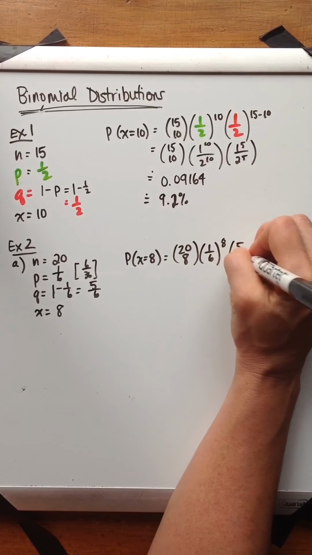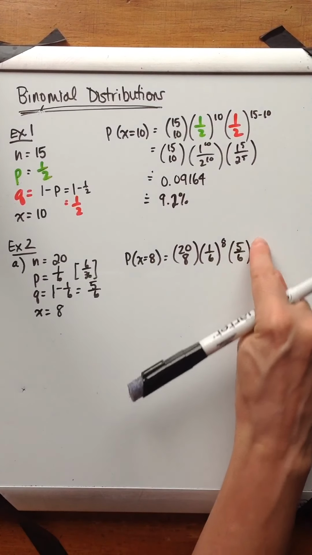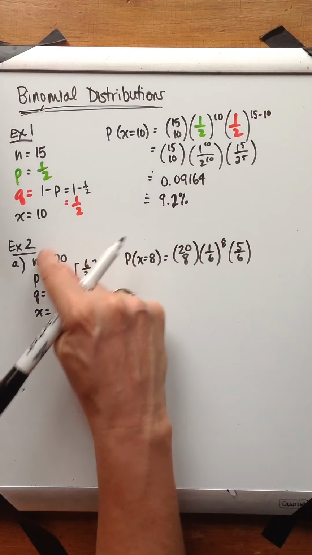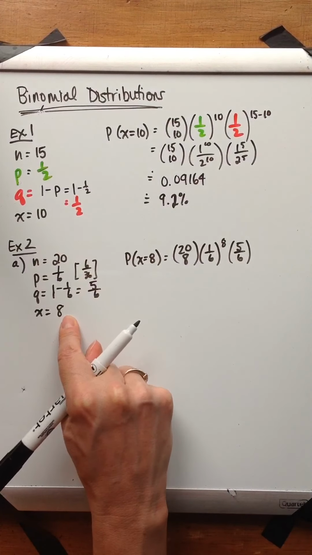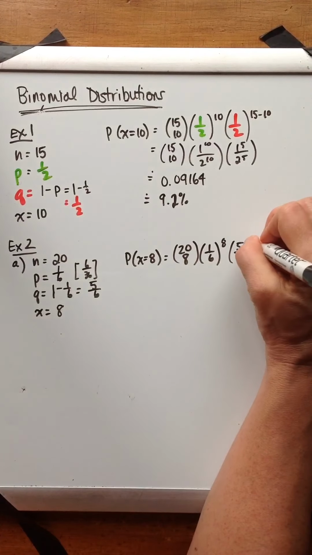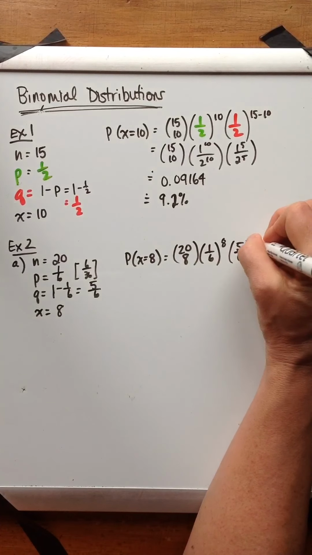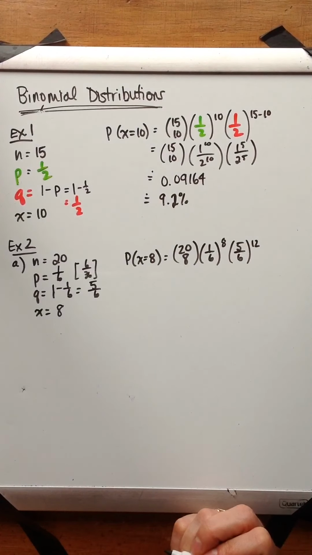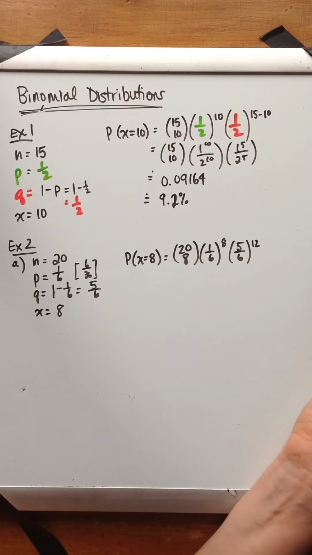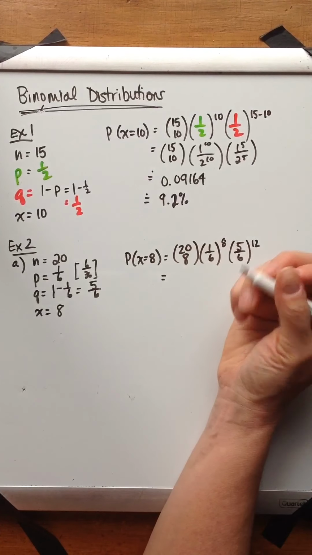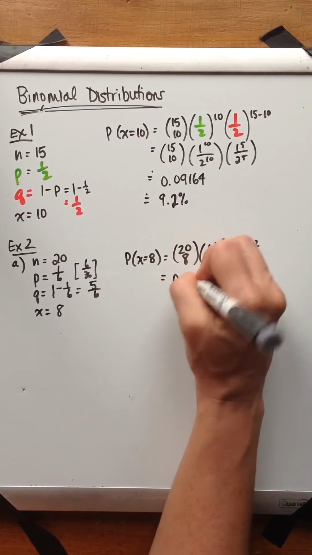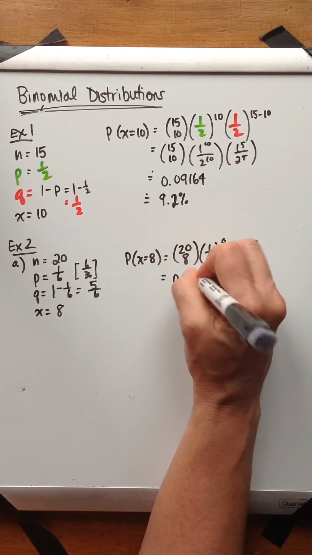Our probability of failure, which is 5/6, raised to the number of failures. If there were 20 trials, 8 were successful, that means that 12 of them were not. And you can put in 20 minus 8 here. I'm just going to go straight and put a 12. Again, you can let your calculator do the work. Try it. You should end up in decimal form with something that looks like this.